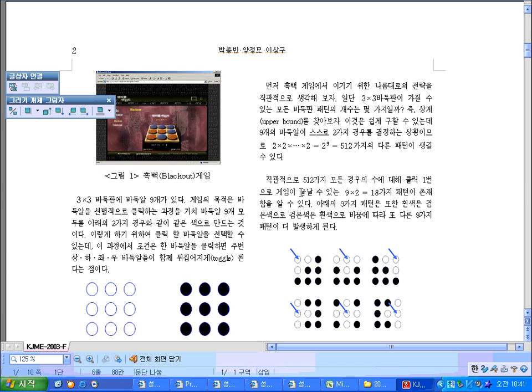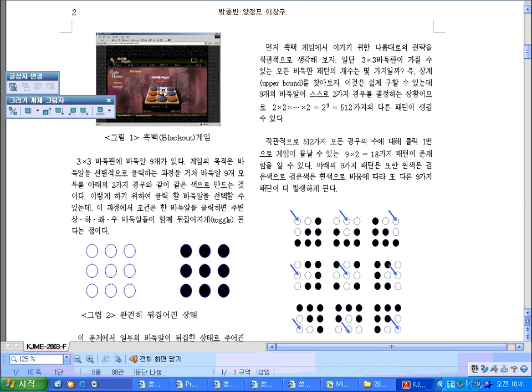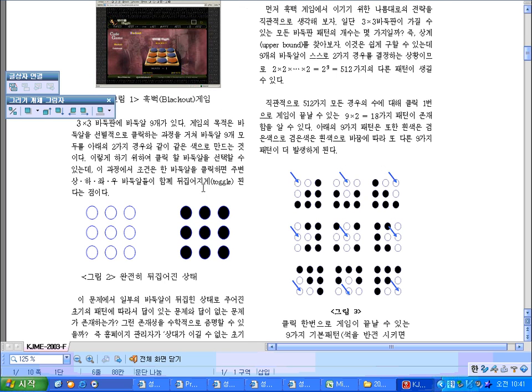Okay, and as you know, this Blackout game was introduced in an official website of The Beautiful Mind, the movie, and it started with a 3x3 block, go board or matrix.